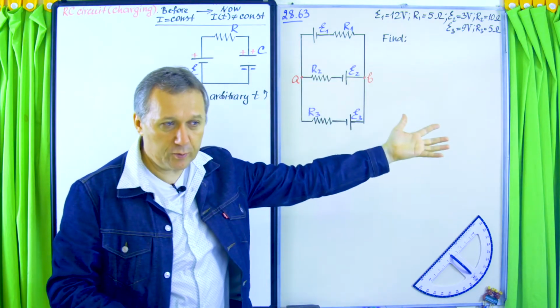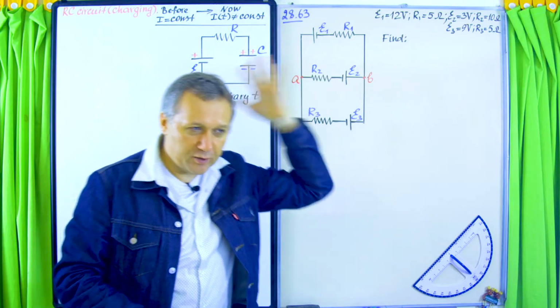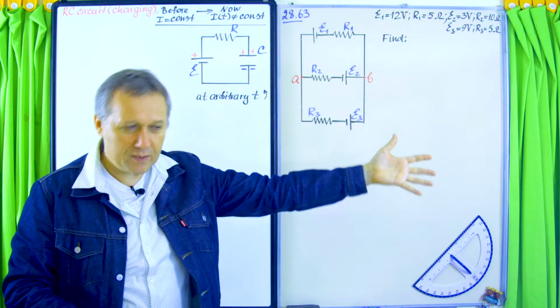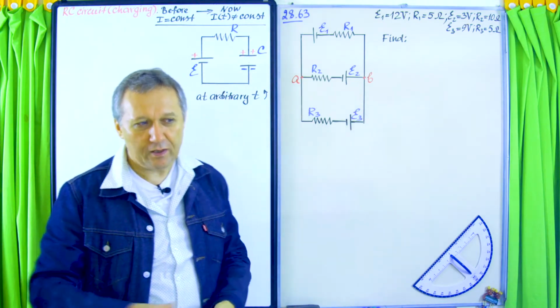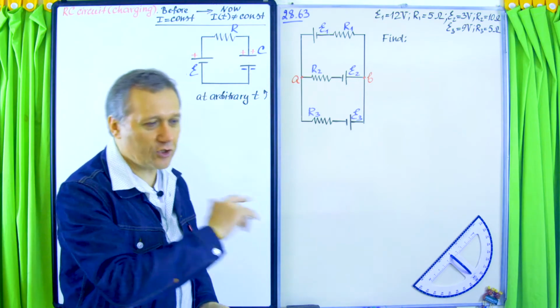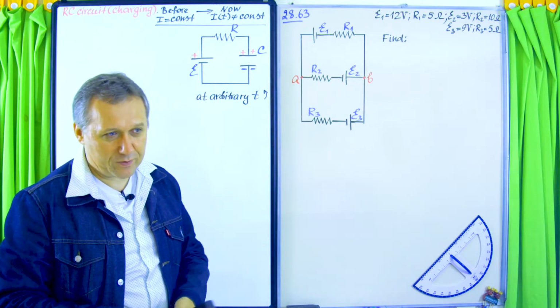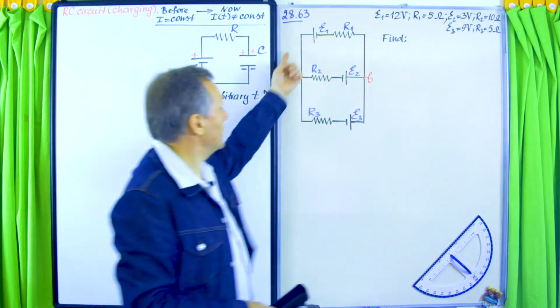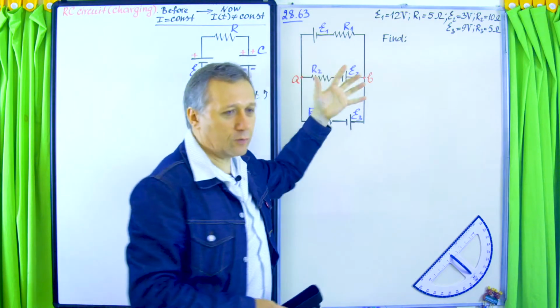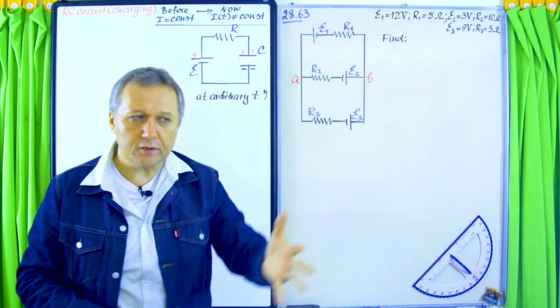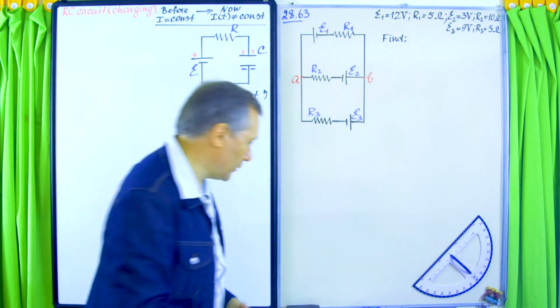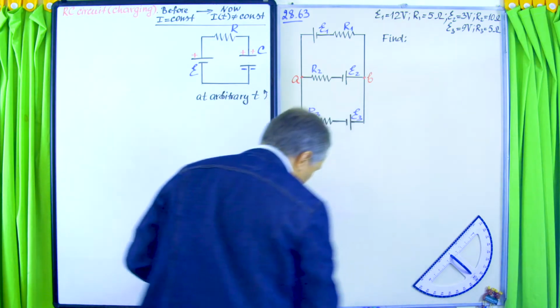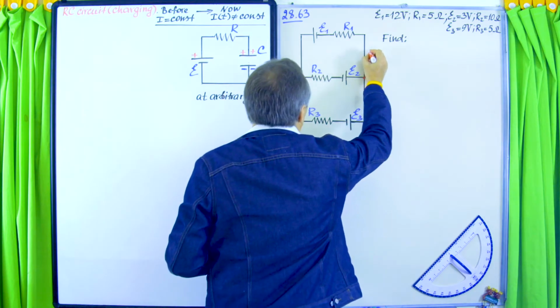You remember what we do in this case? We just guess a direction. And then if needed, at the end we can adjust our assumptions. You can pick this way, clockwise or counterclockwise. It doesn't matter. Don't sweat. Just pick a direction and follow that. I will follow what I picked in my notes. Okay, I picked this way.